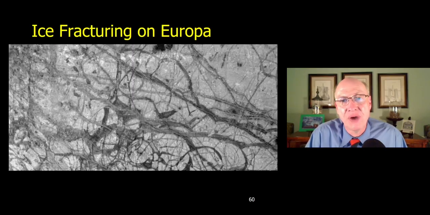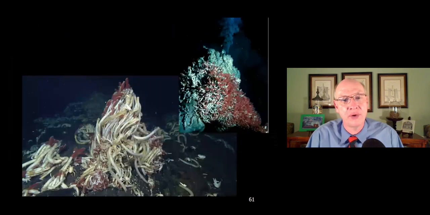We have evidence from Europa's very weak magnetic field that there is a liquid water ocean. We also have evidence from this cracking on the surface and that something has welled up and filled in those cracks. So there are multiple lines of evidence that deep underneath the ice on Europa, there is a liquid water ocean. And that makes Europa one of the only bodies in the solar system besides the Earth that has a significant liquid water ocean.